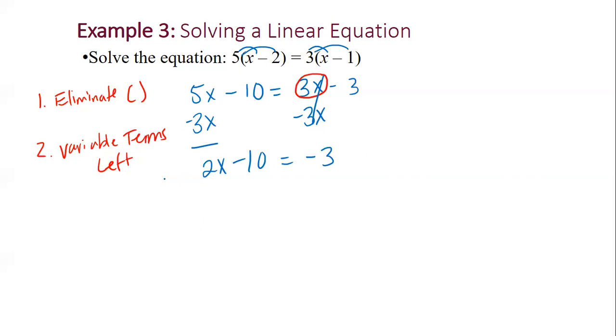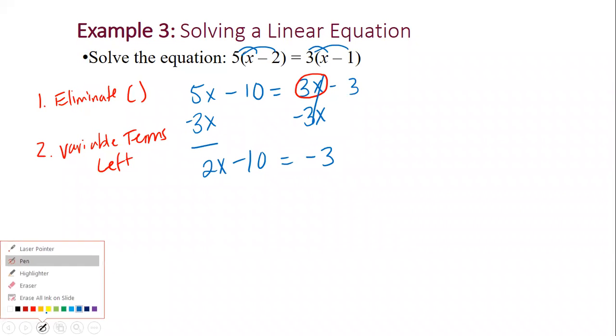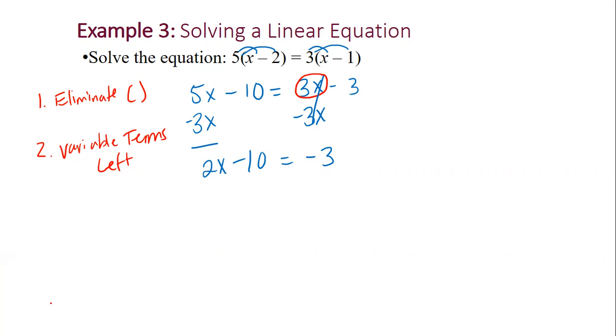My step 3 is going to be to move the constant. Again, step 2 and step 3 are interchangeable. But for the sake of notes and simplicity, I'm just going to stick to what I just told you. So we're going to move the constant terms to the right.